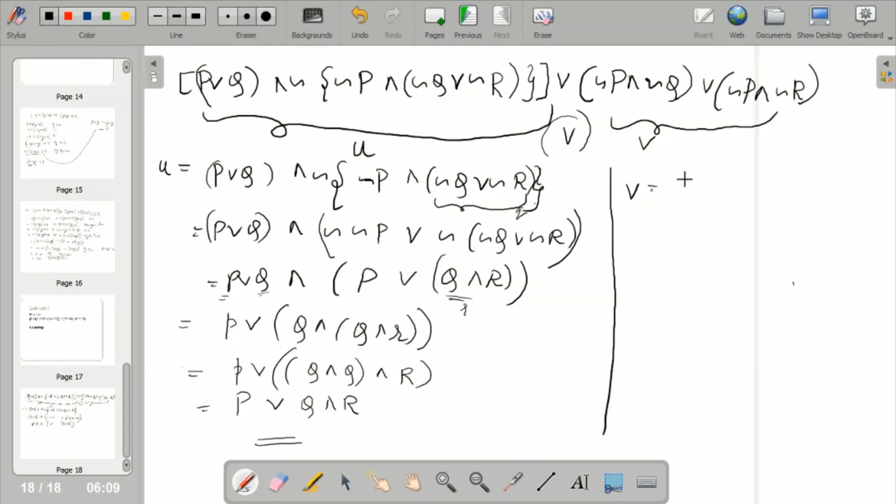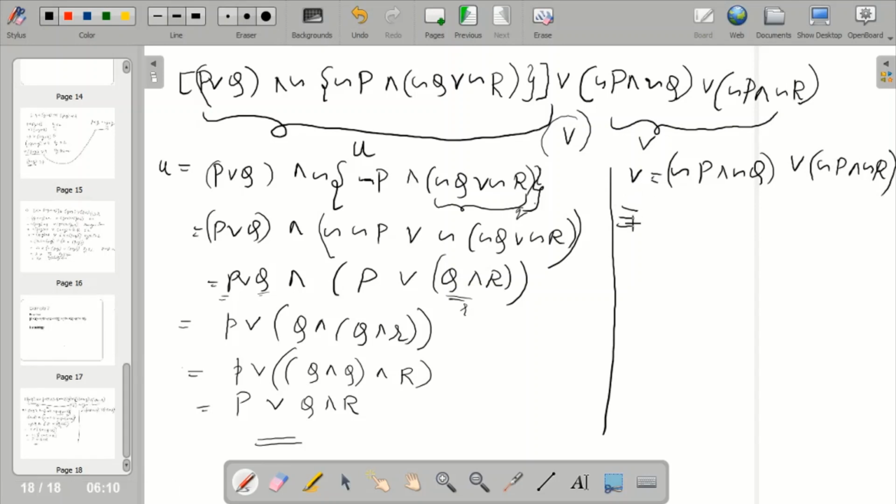So V is nothing but negation of P or negation of P and negation of Q or negation of P and negation of R. Okay, so this is V.